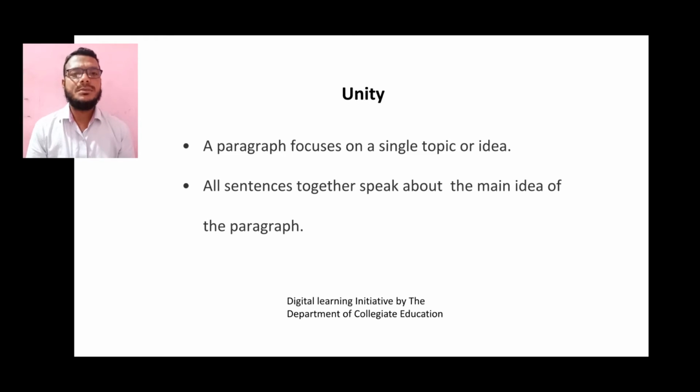One is unity. What is this unity? A paragraph which focuses on a single topic or idea.